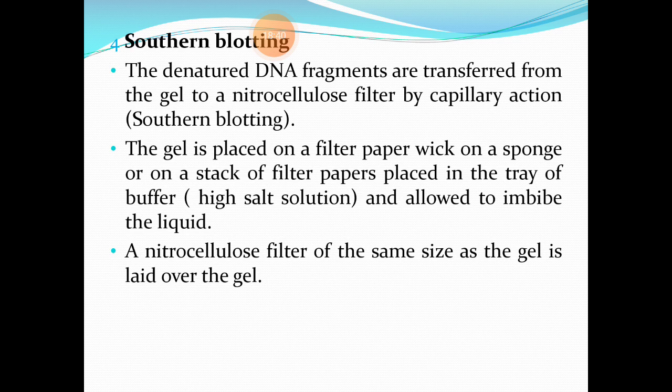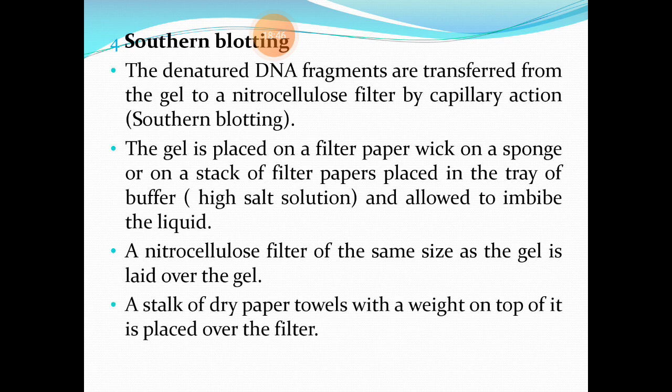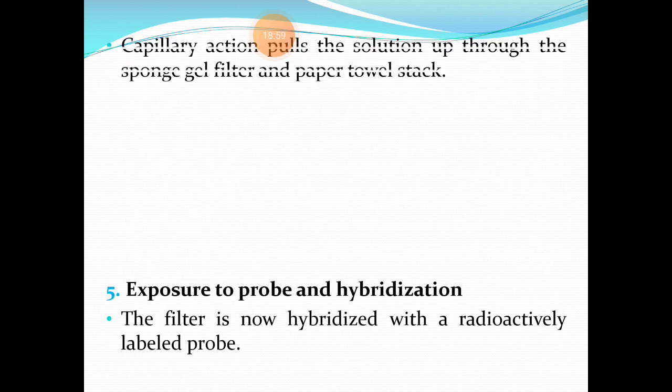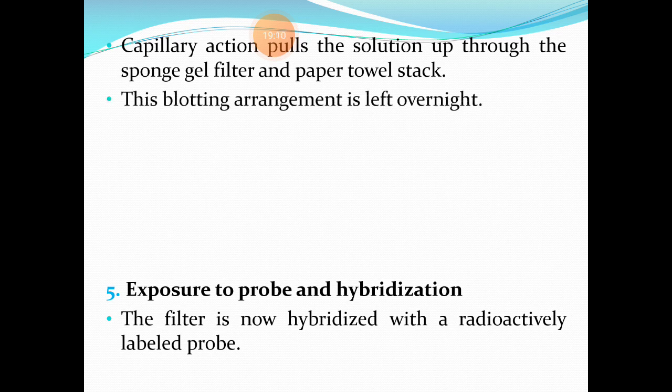Then a nitrocellulose filter of the same size as the gel is laid over the gel. A stack of dry paper towels with a weight on top is placed over the filter. Right now just remember this; I will explain with the schematic representation. Capillary action pulls the solution up through the sponge, gel, filter and paper towel stack.